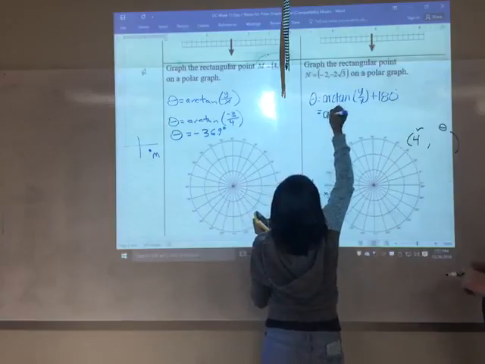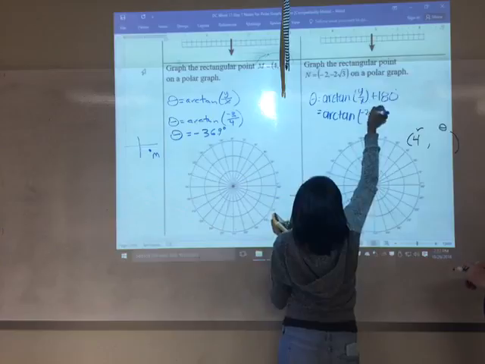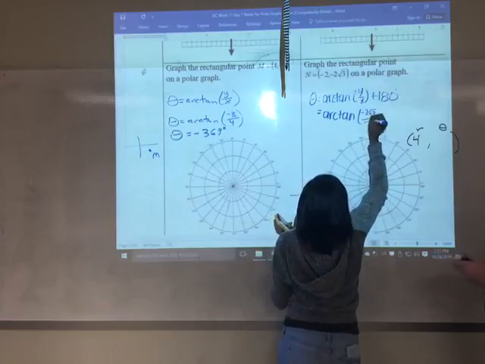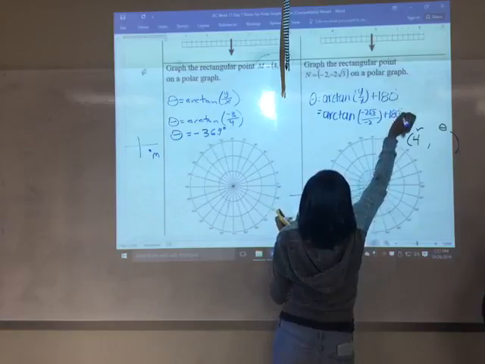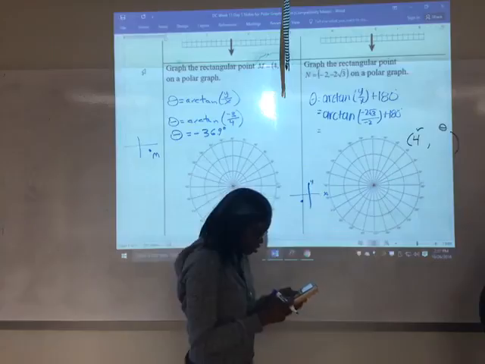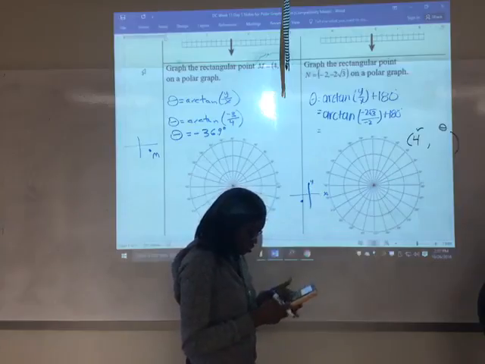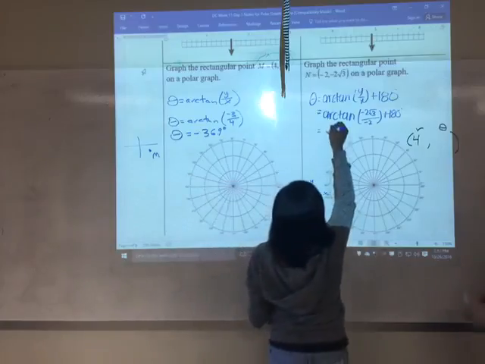So arc tan of -2 square root of 3 over -2 plus 180 degrees. Go to the calculator because I do not know that. 240 is theta.